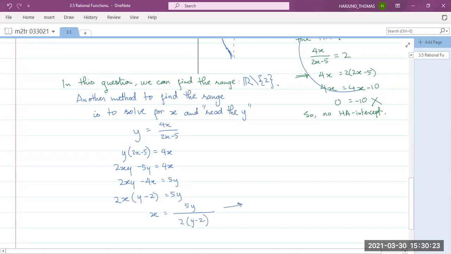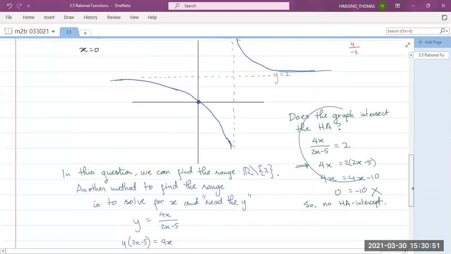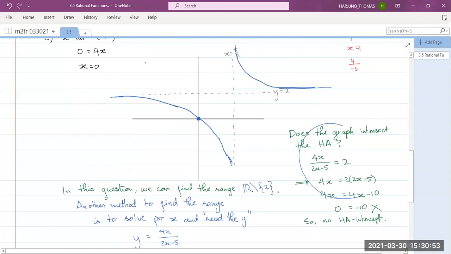Now from there you see what kind of y you are not allowed to put in. y cannot be 2, right? Now then the range will be all real numbers except 2. Well, anyway, that's the further detail of this graph.